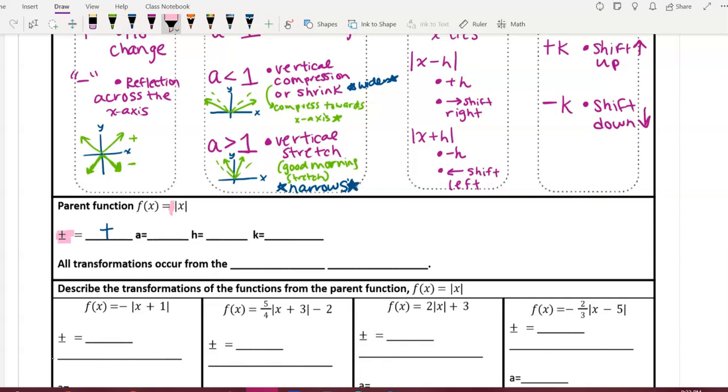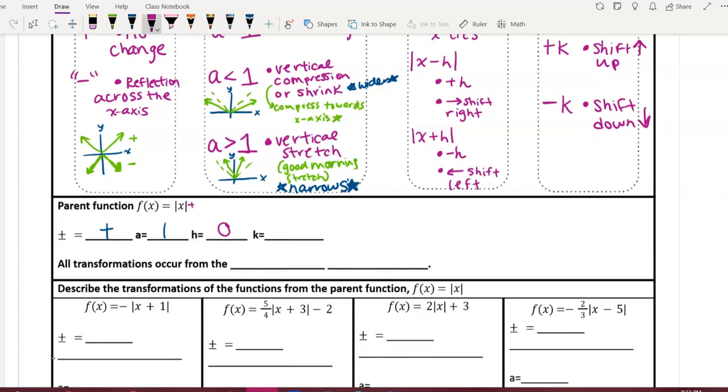Now, what is the a value? Well, the hidden number here is a 1, as always. So a value is 1. And h is always inside that absolute value, like right after the x there. Since there is no h, we assume it is 0.